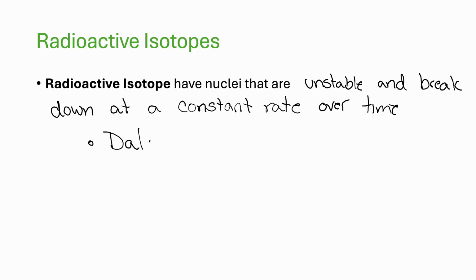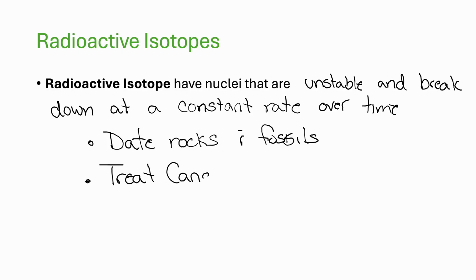Date rocks, see how old these ancient structures are, as well as fossils. We can look at different isotopes found in these structures because they were once living things and see how old they are, because remember, they break down at a constant rate over time. We can also use radioactive isotopes to treat cancer and even to kill bacteria.